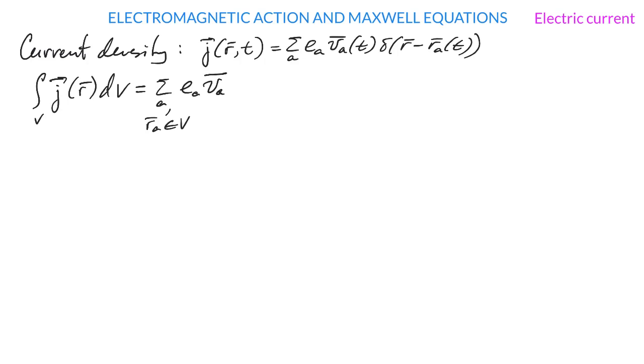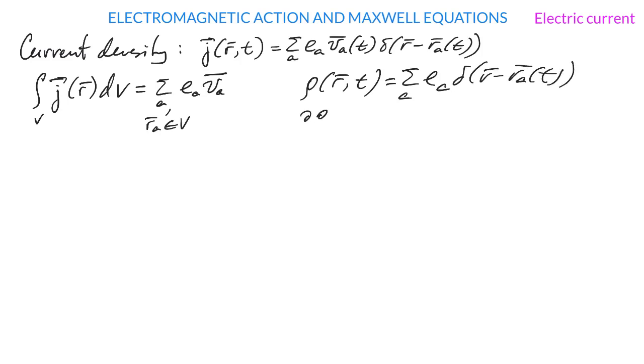This expression satisfies the continuity equation with the charge density, where the charge density is a similar expression but with no velocity, just e_a delta of r minus r_a of t, and we have d rho by dt plus the divergence of J equals 0. That's the continuity equation.